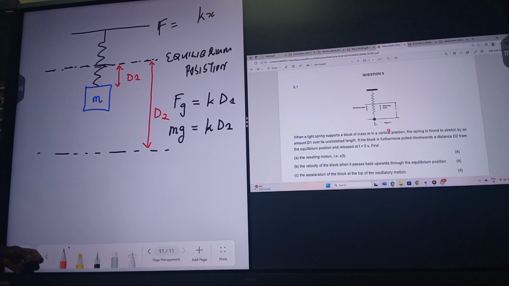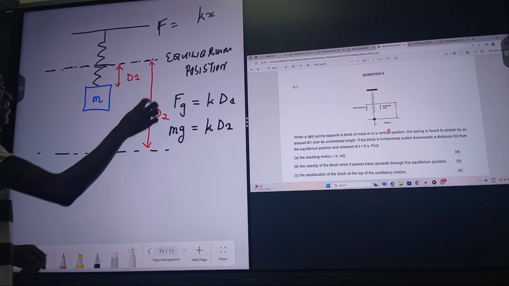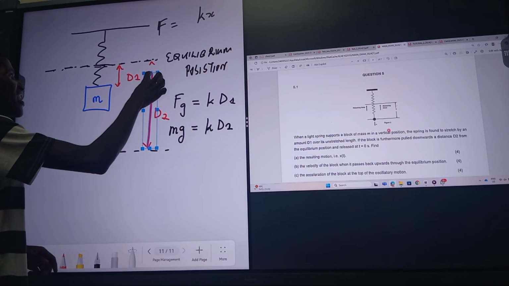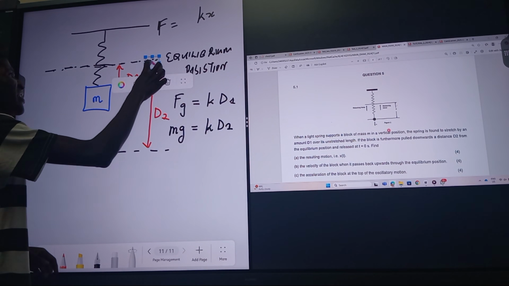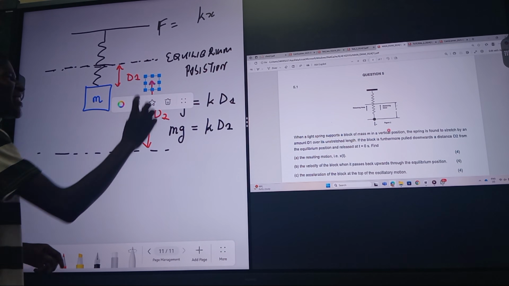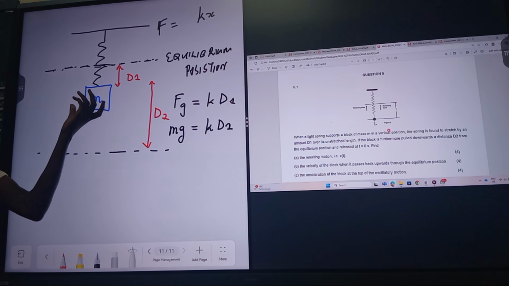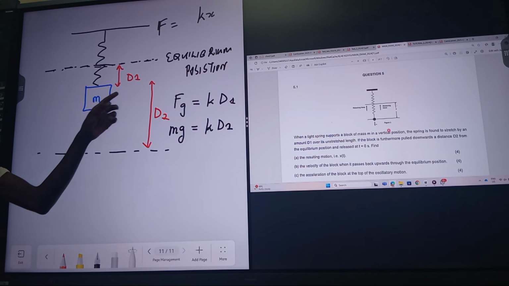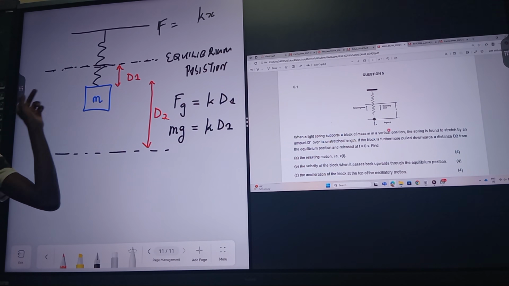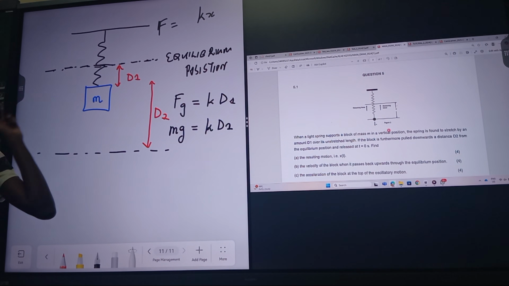You can also say that d2 is here, if you assume the block was just standing here and wasn't moving, so we can say that is the equilibrium for the block.